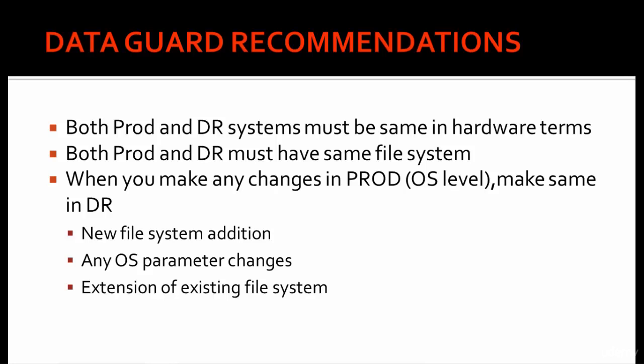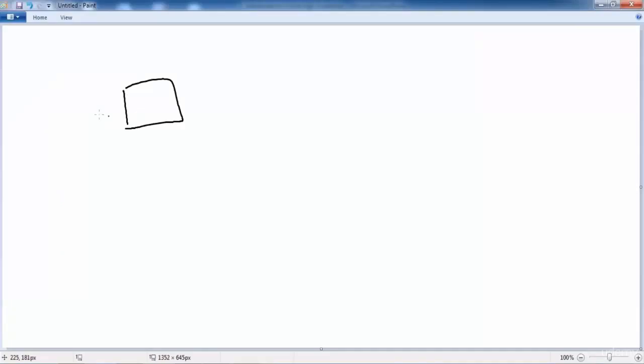So these are the Data Guard recommendations you need to follow, and even while we are configuring our Data Guards, we'll also try to follow these recommendations. On the production, you want to create a new tablespace. Create tablespace test, with a data file.